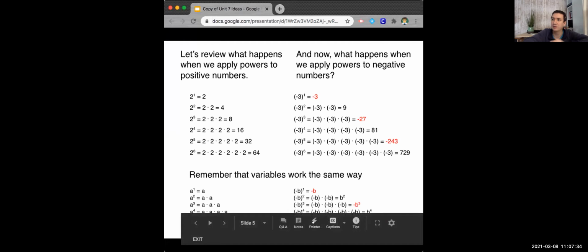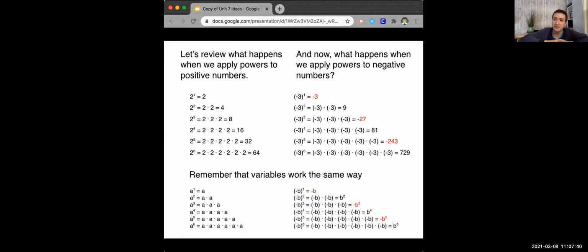And variables would work the same way. So now we're getting into something that might be a little bit new, where maybe we don't know what the base is. Well, we could still write it out. This is called long form, where if you had a to the power of 4, it still means a times a times a times a. And if you had a negative b, it's still the same thing. But remember, you can start to predict if your answer is going to be negative or positive. And if you forget that, you could just try putting in a number.